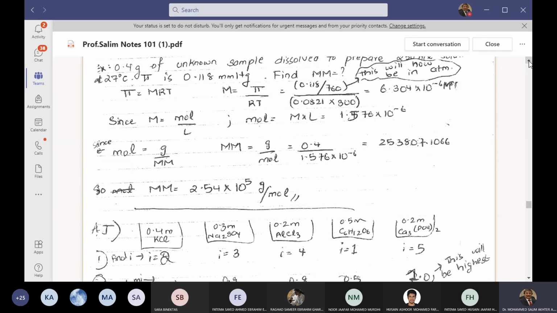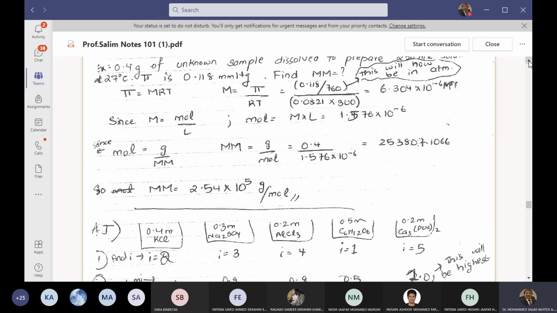I just want to find a question from boiling point elevation and freezing point depression. Can you give me 2 minutes so I can get it from the book? I have solved the question for molar mass.